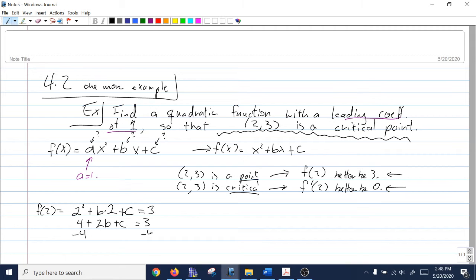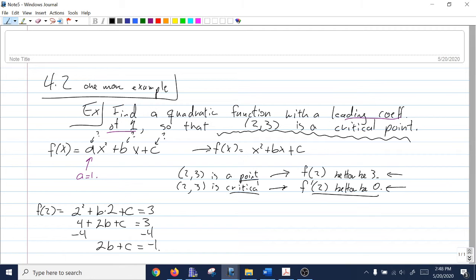If I subtract 4 from both sides to clean it up a little, I get that 2b plus c equals negative 1. I could solve this for c, I could solve it for b, but that's not really getting me anywhere. If I know what b or c is, I'll be able to come back to this equation and figure out what the other one is, but this equation by itself is not enough to tell me b or c. So let's set that one aside for now.